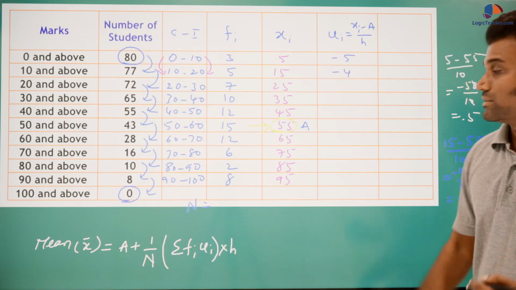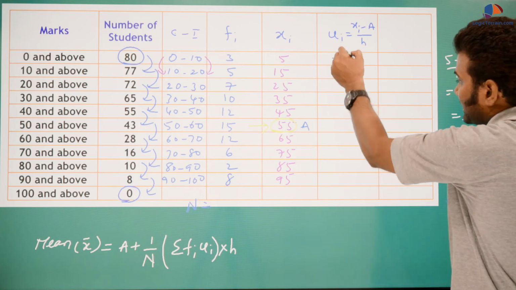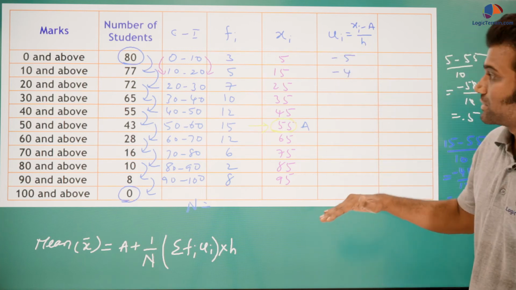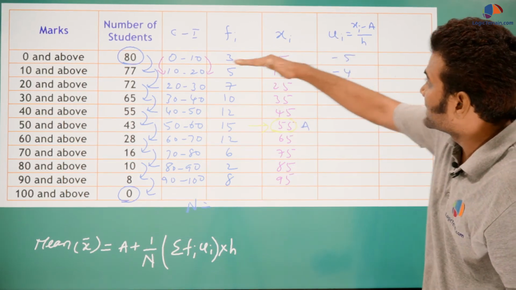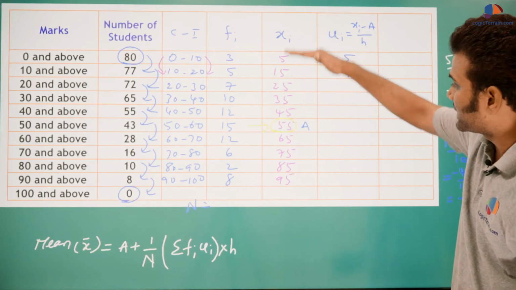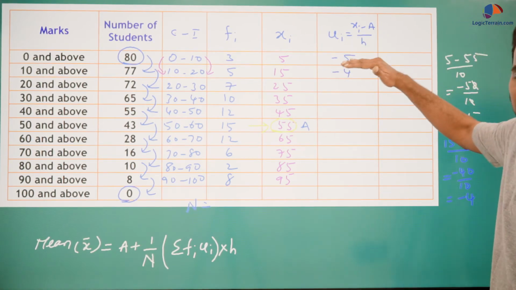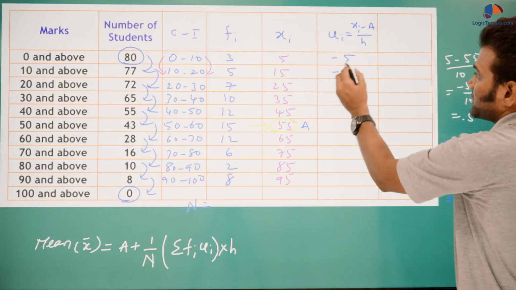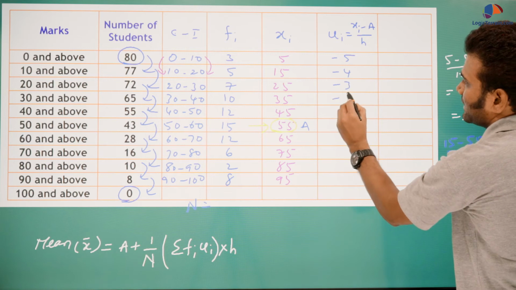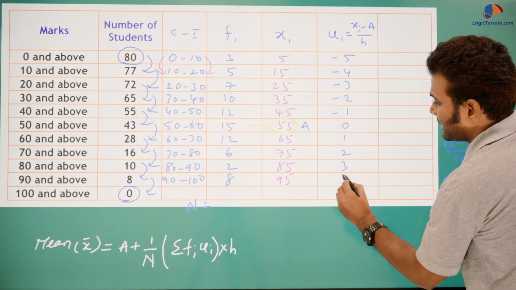And so on. If you do the same process, what we'll get is these in increasing order, since these class intervals, or you can say these mid values, are in increasing order. So these values also we will get in increasing order: minus 5, minus 4, minus 3, minus 2, minus 1, 0, 1, 2, 3 and 4.